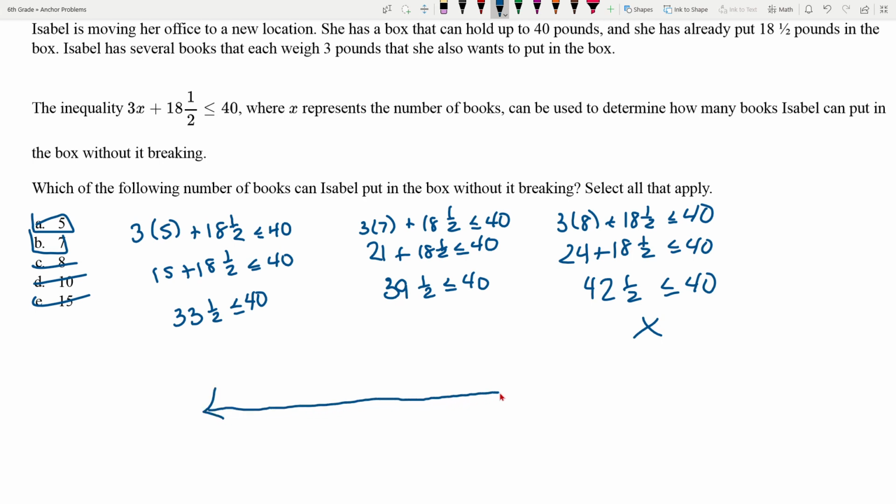Looking at this number line, 7 was true, 6 was true, 5 was true, 4 was true. So really, there's a point somewhere over here, if you could get fractions of books, perhaps. But everything less than 7 books kind of worked. And so you could have a graph for that.